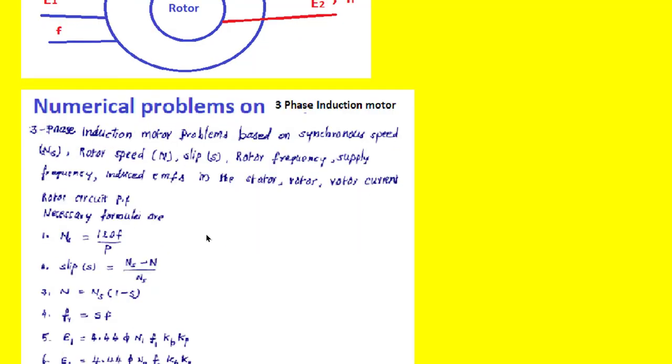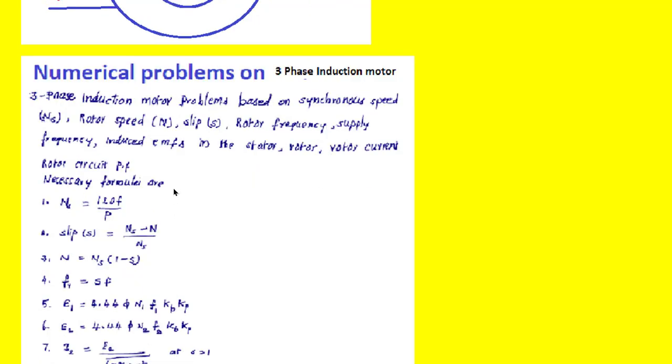For this, we need to know some formulas. One formula is that synchronous speed is nothing but 120 F by P, where F is the frequency of the input supply and P is the number of poles on the stator. Slip S is nothing but (Ns minus N) divided by Ns, where Ns is the synchronous speed of the magnetic field or motor and N is the rotor speed.